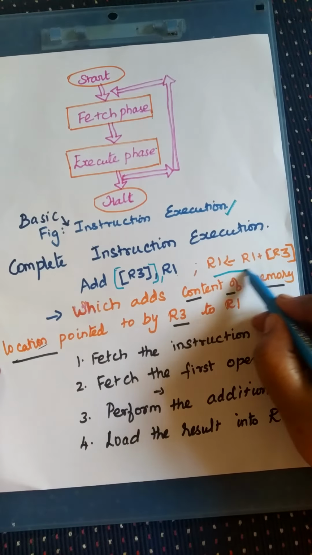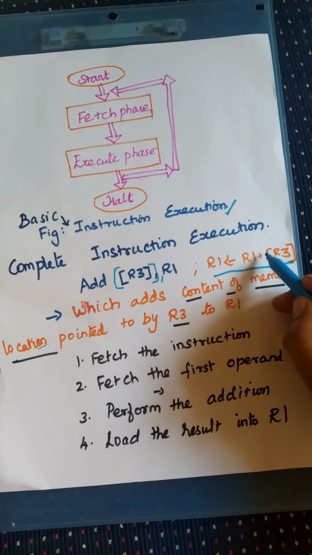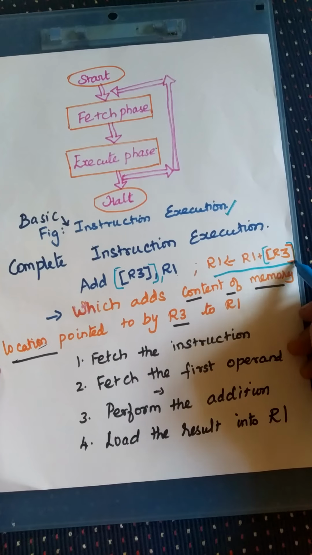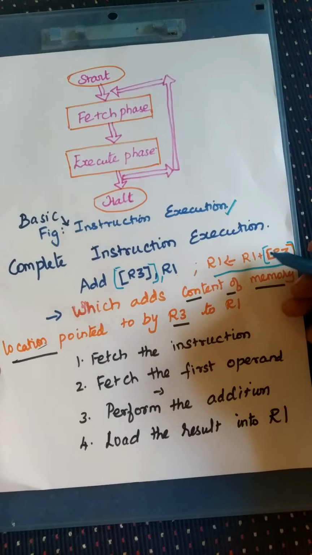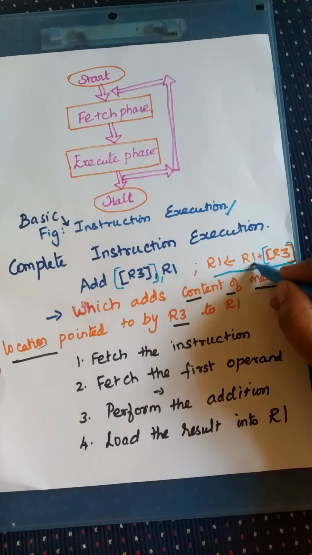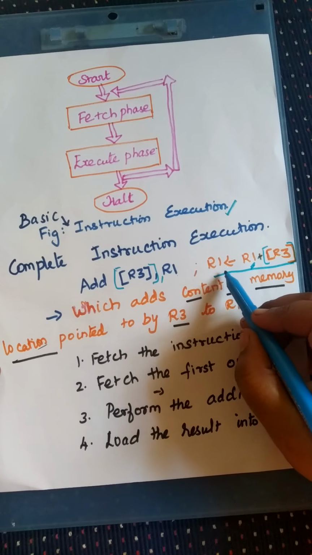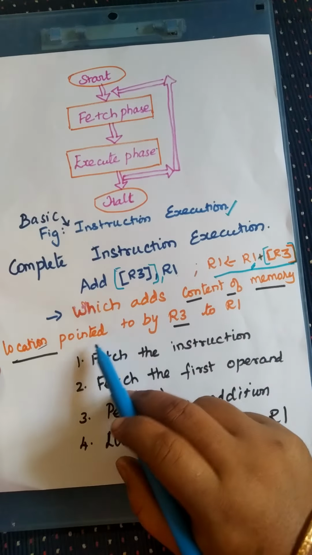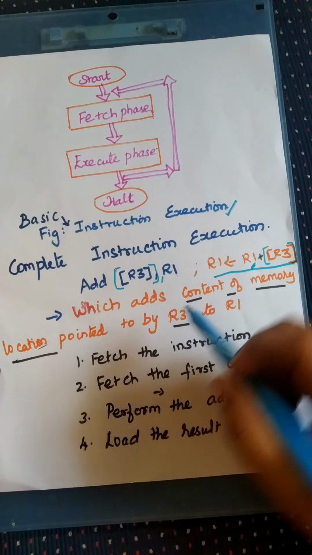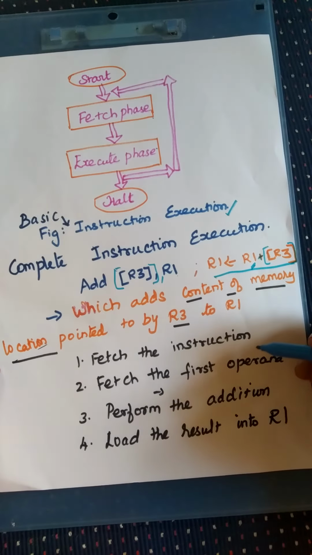So the meaning is the content of the memory location pointed by R3 and the content of register R1 need to be added, and the result stored into the register R1, which adds the content of the memory location pointed to by R3 to R1. So we'll see what steps are involved.